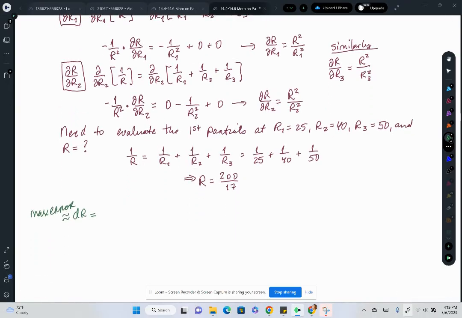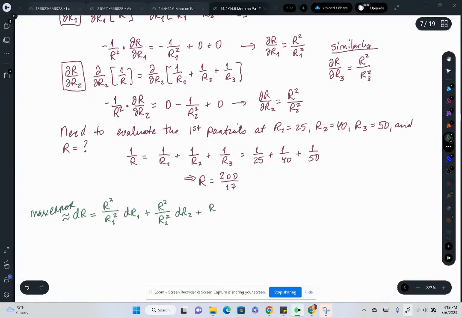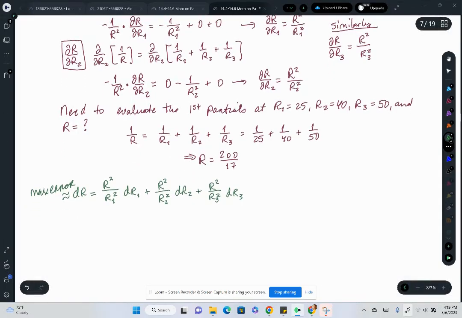Okay, so we're going to do R squared over R1 squared dR1 plus R squared over R2 squared dR2 plus R squared over R3 squared dR3. Okay, and now I can plug it all in here.